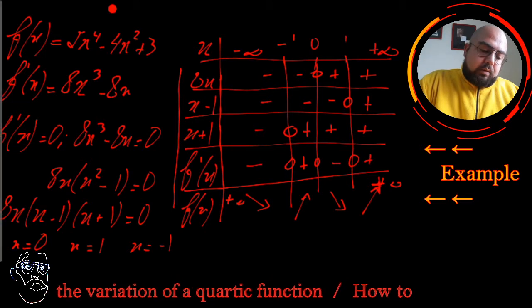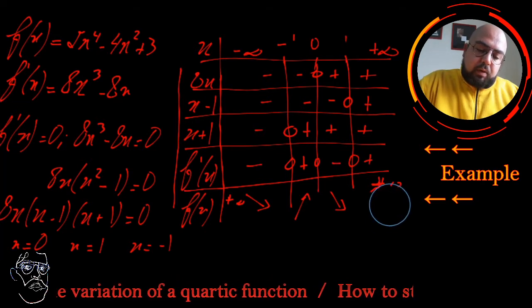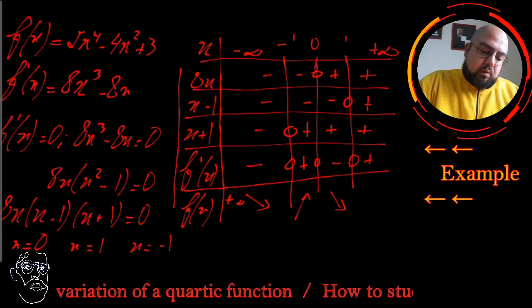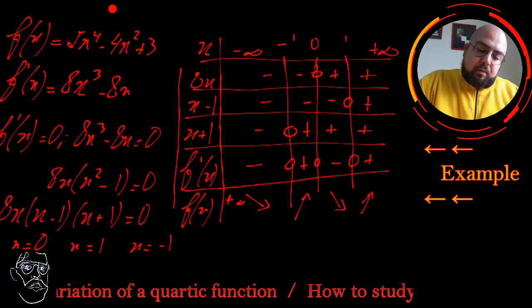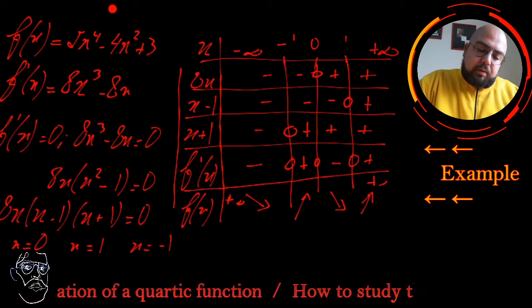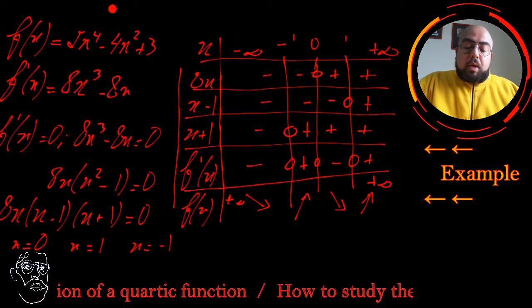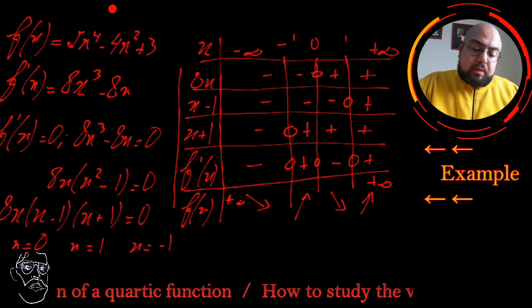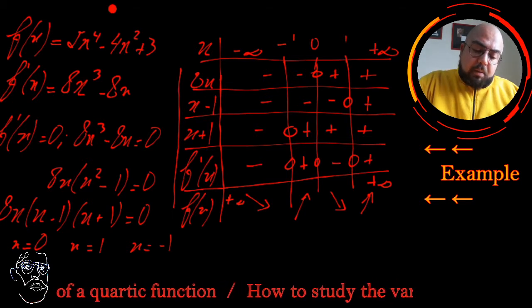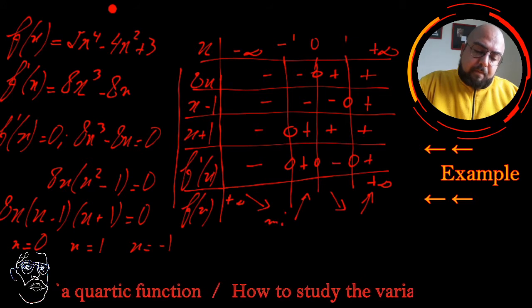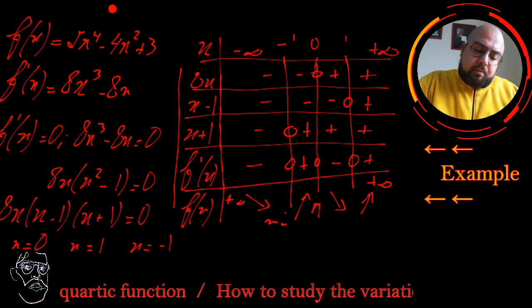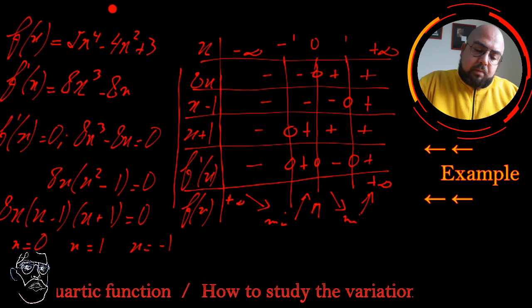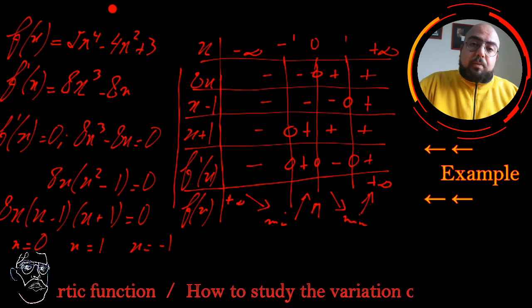All right, I'm gonna simply write it down again, increasing towards plus infinity. In this case, as you can see, you have a minimum, a maximum, again a minimum. So you have 3 extremums.